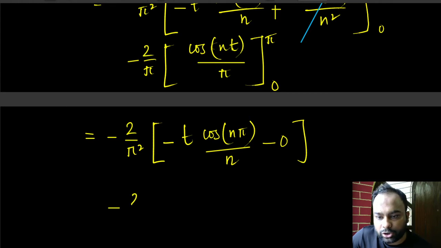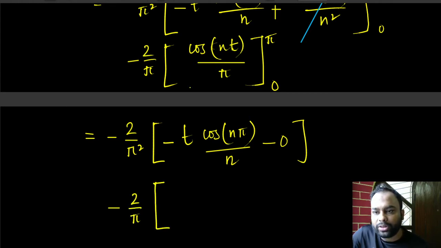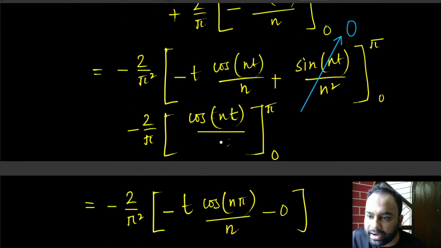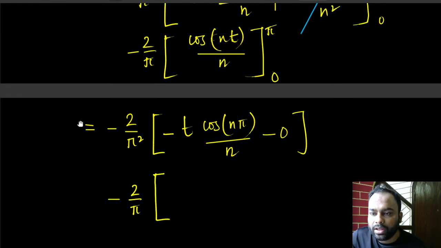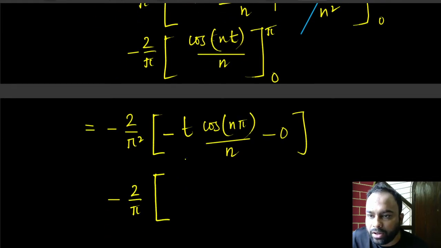So we have a minus 2 by pi, right? So if I now put the upper limit, sorry, did I write a pi here? It's going to be n, right? So if I put the upper limit here, what do I get?